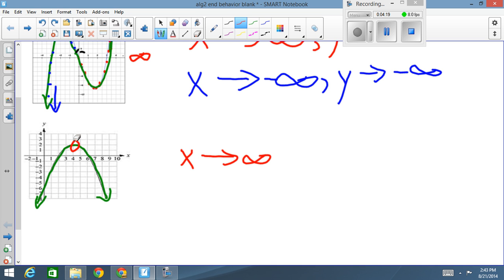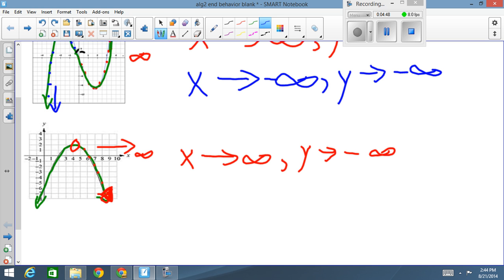I want to see, okay, as I move this way to positive infinity on the x-axis, what is happening with my y values? Well, once again, my y's are approaching negative infinity because they're going down. This thing is going to continue to go down.